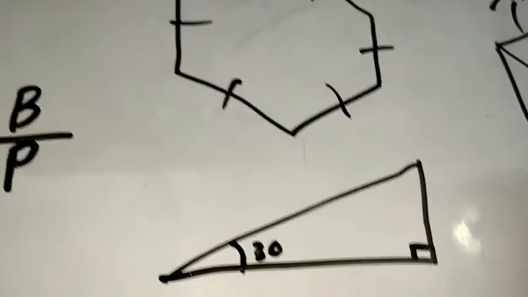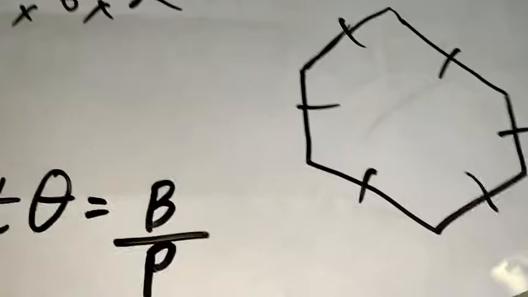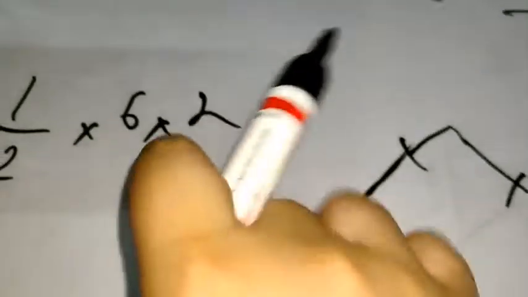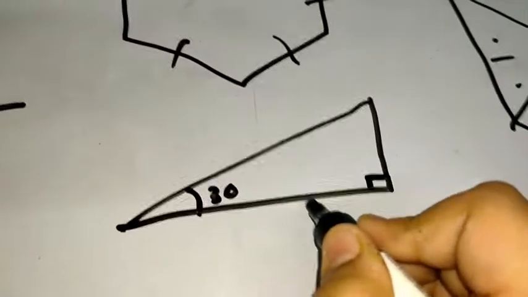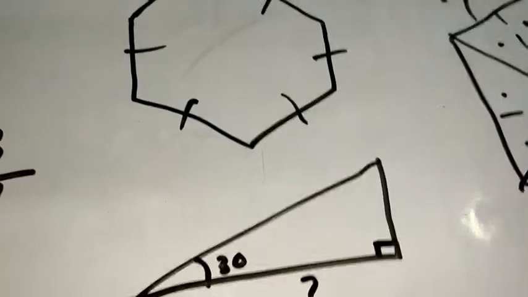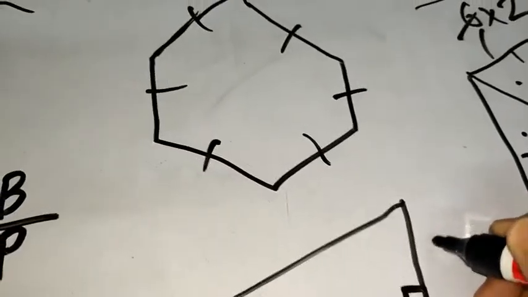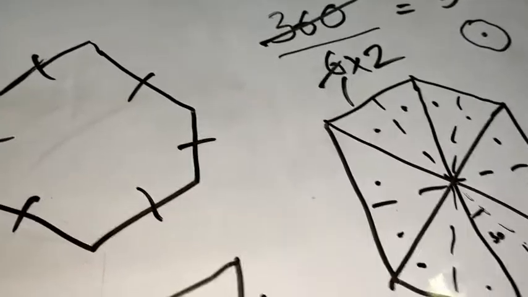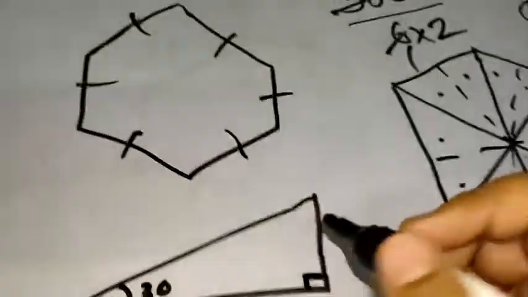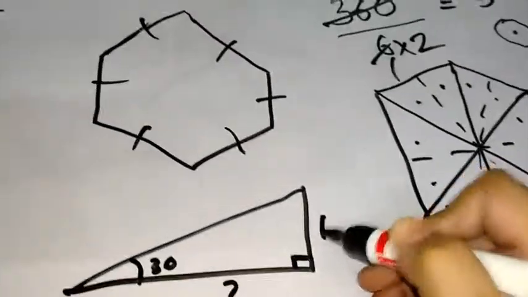We don't know the base here, right? So this is the base, which is unknown, and we know the height, which is the perpendicular. We know this because it has to be provided. This side is known, so let us say this hexagon has a side of 2. If we divide 2 into 2 parts, the answer would be 1, right?